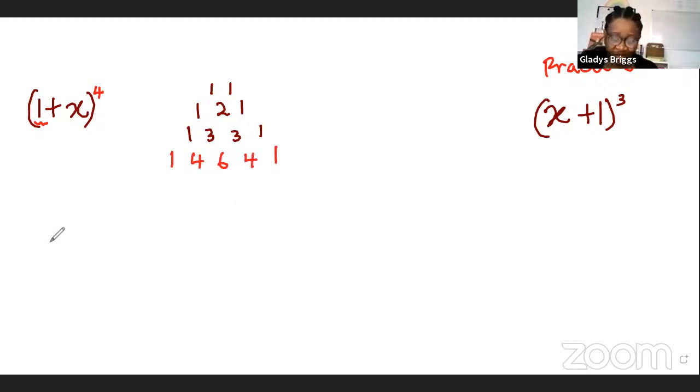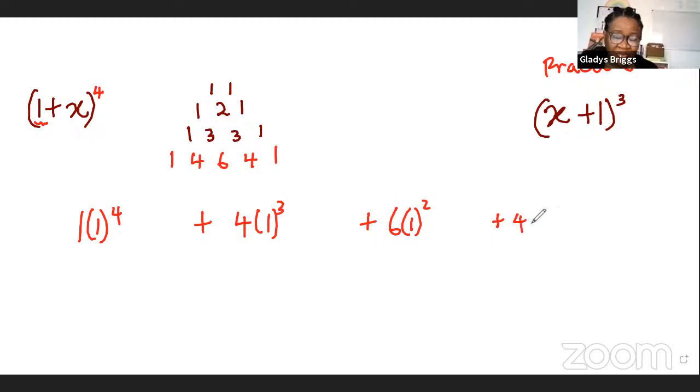So we're going to have 1 times 1 to the power of 4 plus 4 times 1 to the power of 3 plus 6 times 1 to the power of 2 plus 4 times 1 to the power of 1 plus 1 times 1 to the power of 0. Yeah?